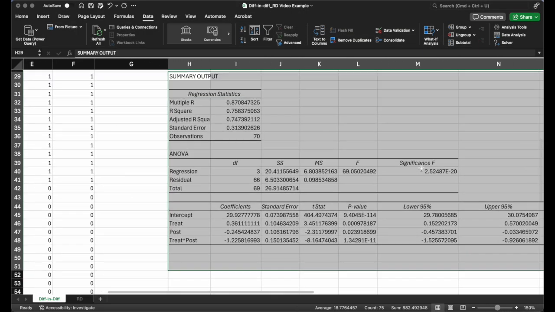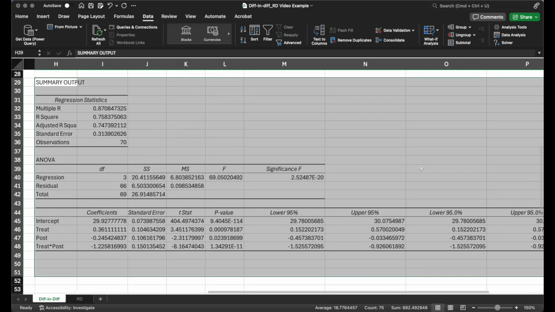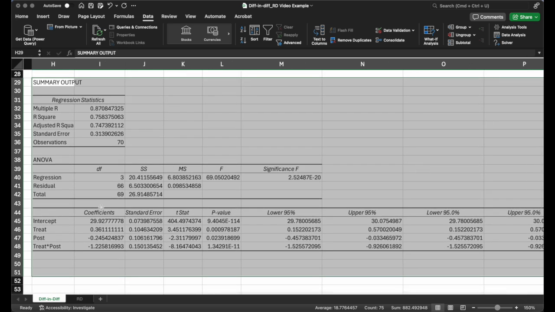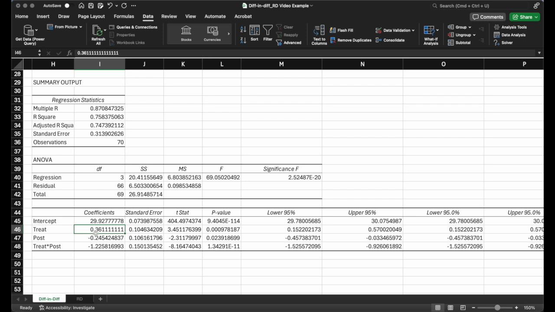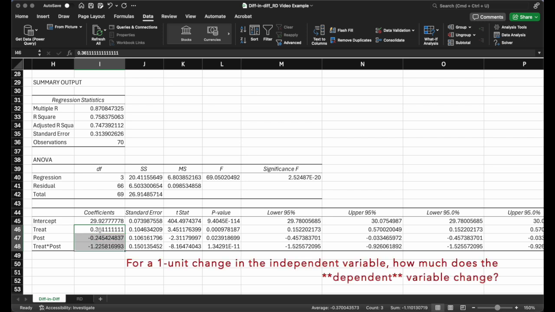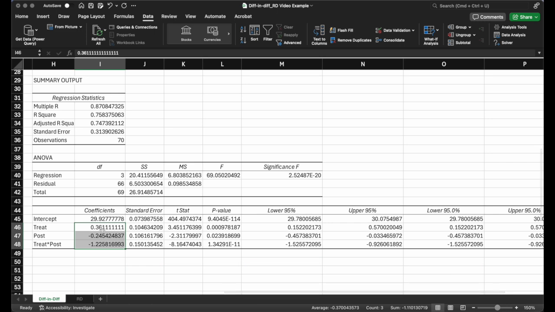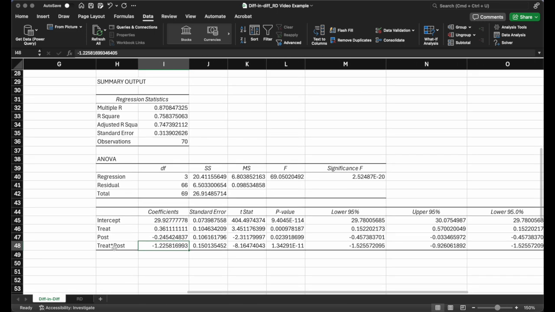Here are the outcomes of the regression. If you'll remember, a regression analysis will put out coefficients. These coefficients are what we care most about. The coefficients tell us, for a 1 unit change in the independent variable, how much the dependent variable changes. If you notice this last variable here, treat times post, do you notice anything about this number?